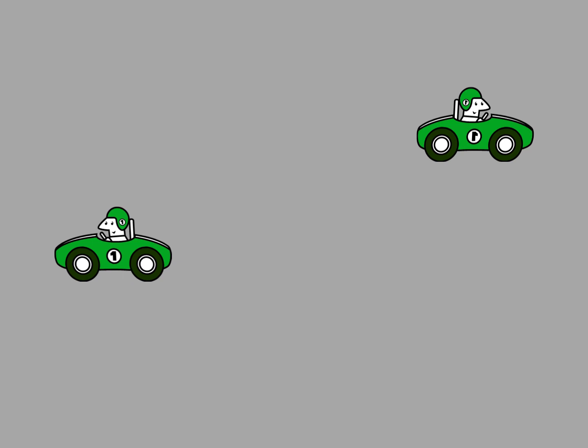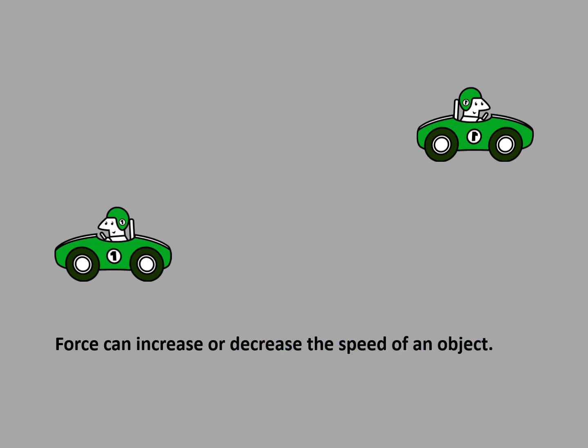We see that when force was applied on the first car, that is, it was accelerated, it moved faster. In the second one, when brakes were applied or the force was applied, it started moving slower. So we can say that force can increase or decrease the speed of an object.